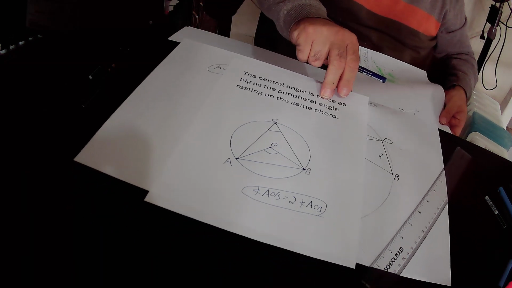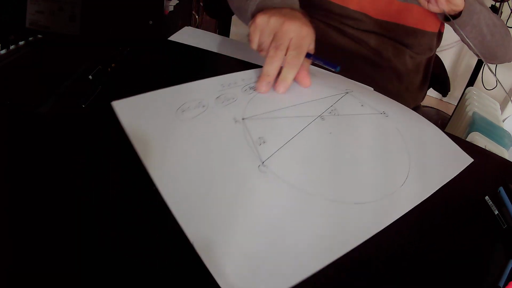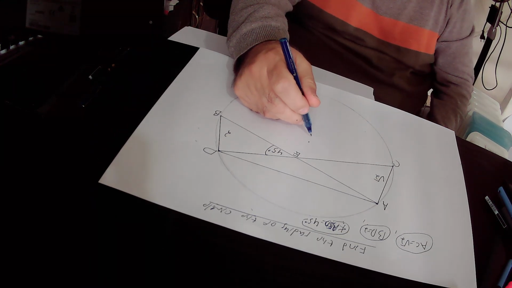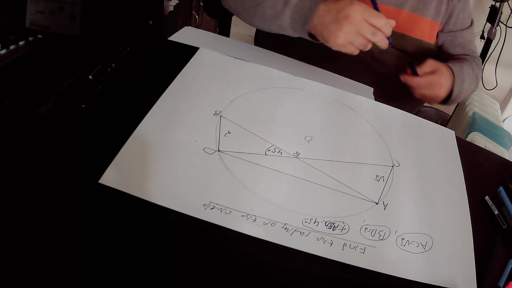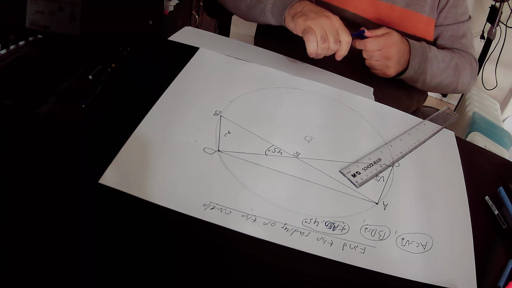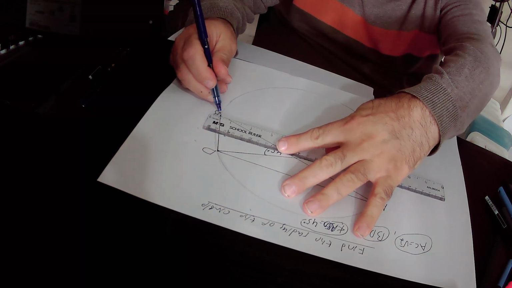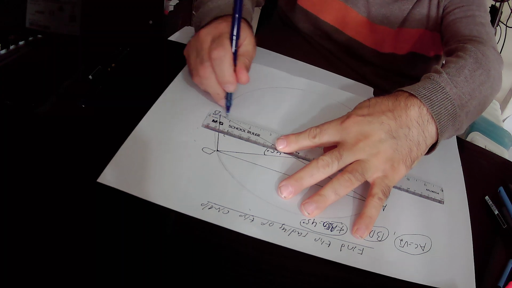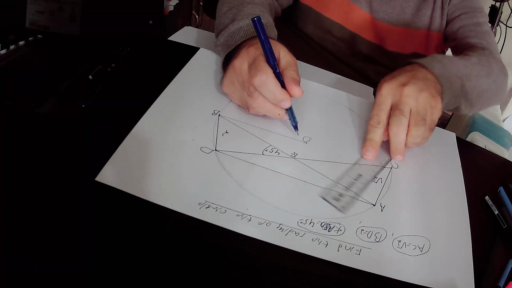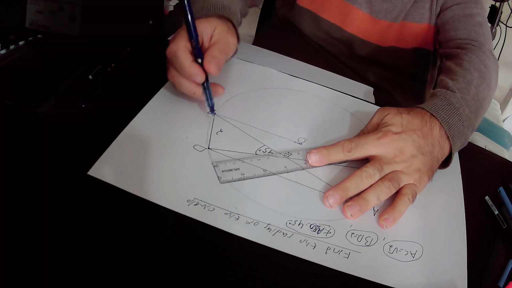Okay, so we define the center of this circle as O. This is the center of the circle. In the next step, we join points O and B together by a straight line. Here we join points O and D together by a straight line.